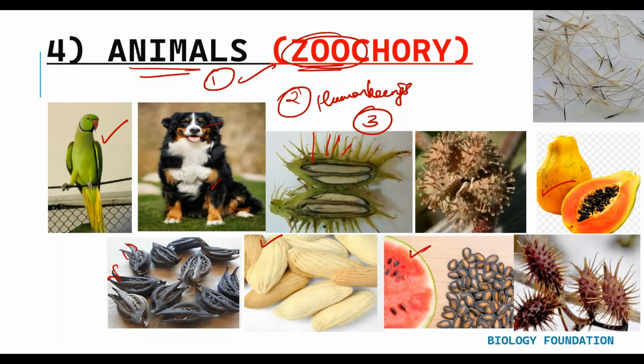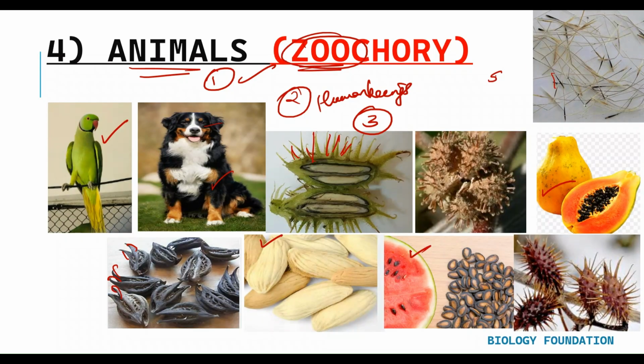Have you ever observed? Or even to your cat, those seeds get stuck. Why? Because in these plants, the fruits have spine like structures, or the seeds have hook like appendages, or they might be very needle shaped.